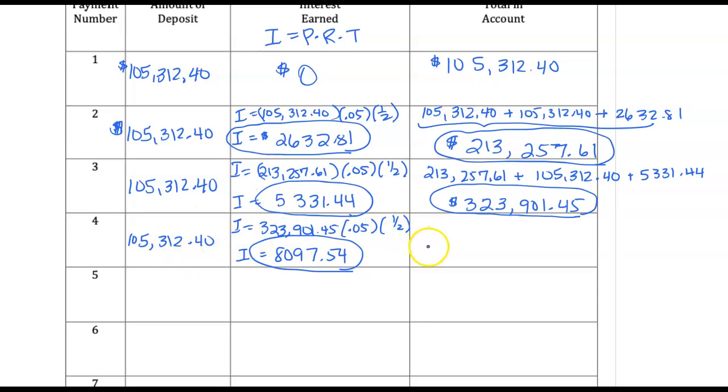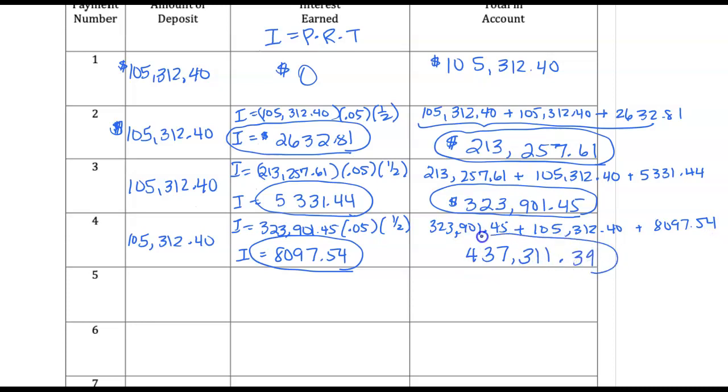To find our new balance, we take the previous balance, add in the new payment, and the new interest. And we get a total of $437,311.39.